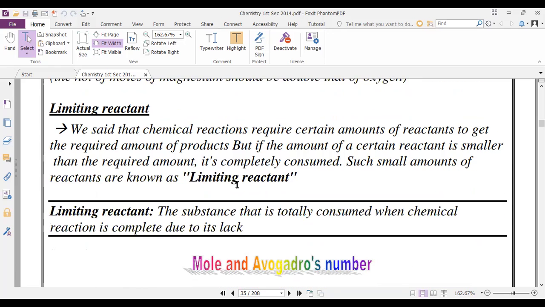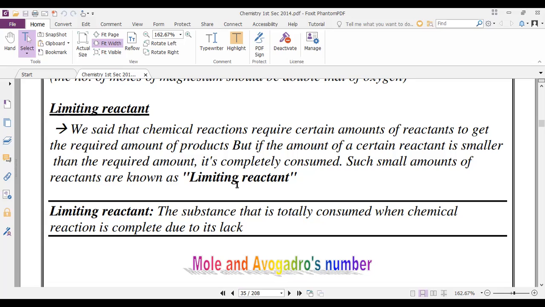Yes. So what is meant by limiting reactant? Try to read, please. The substance that is totally consumed in a chemical reaction is complete due to its lack. We said that a chemical reaction requires a certain amount of reactants to get the required amount of product.